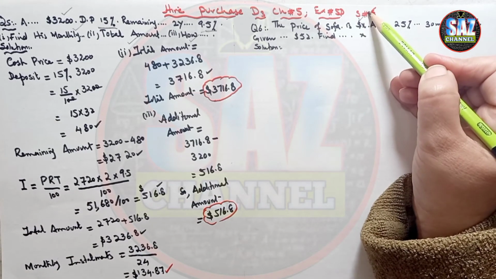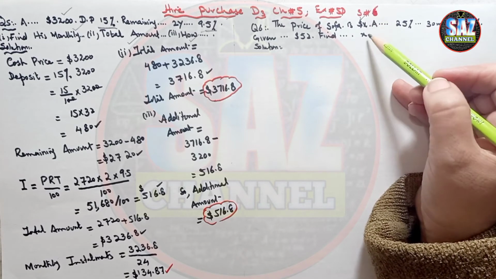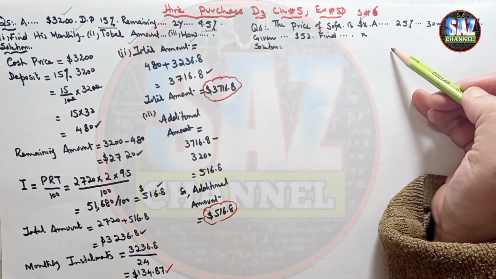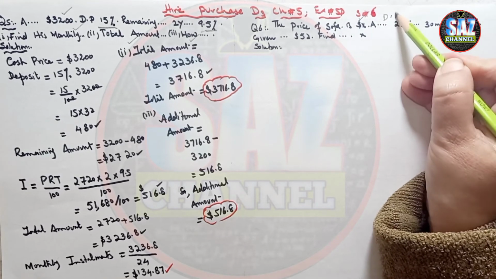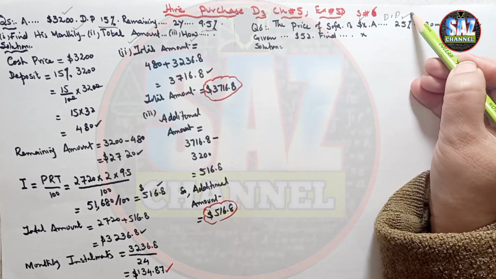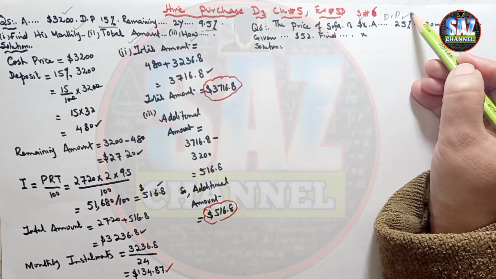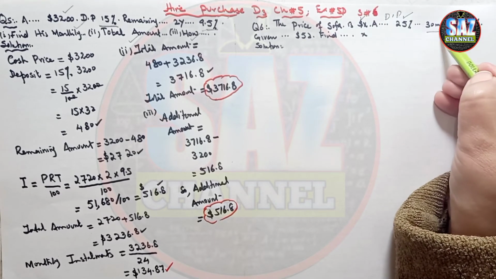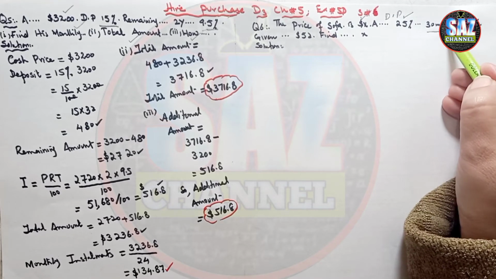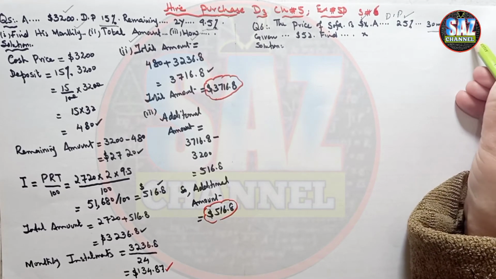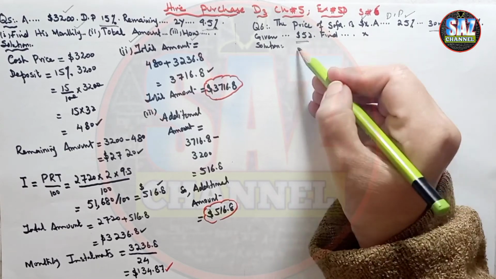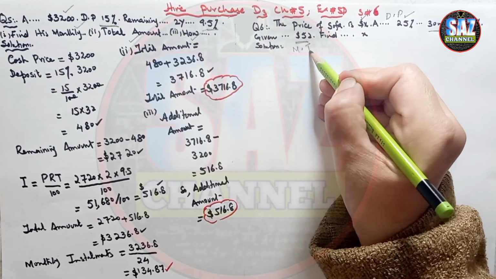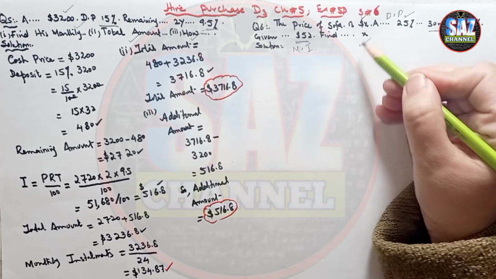A man buys the sofa on hire purchase according to the following terms: a down payment or deposit of 25% and the remaining to be paid in monthly installments of 30 months with the simple interest rate of 12% per annum. Given that the monthly installment is $52, find the value of X.